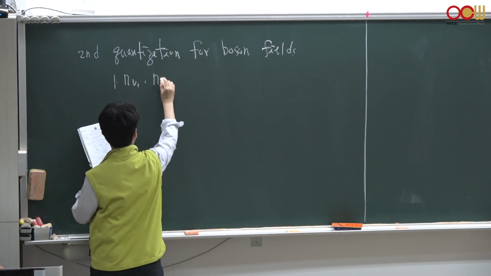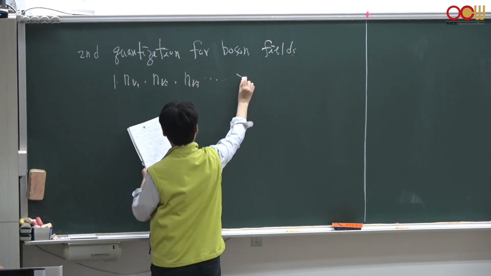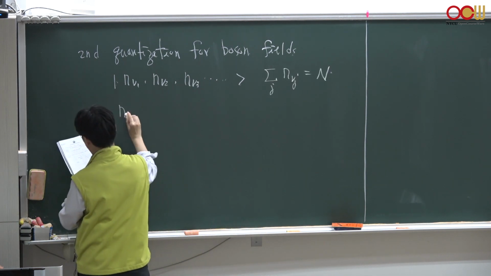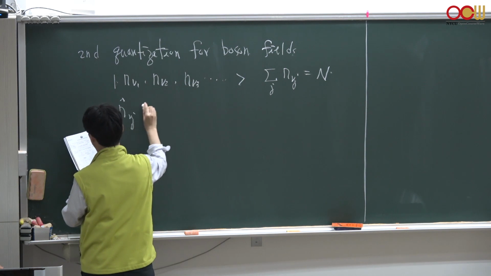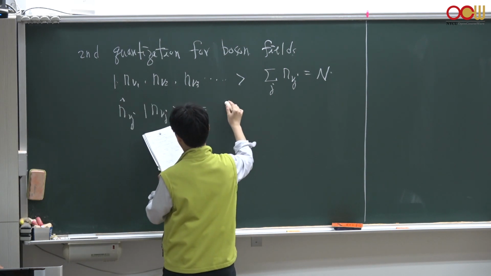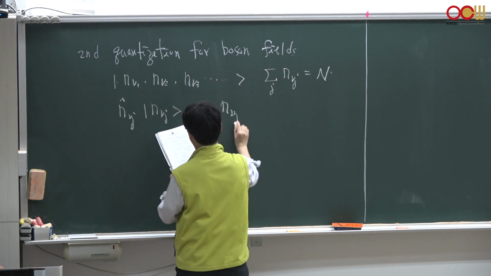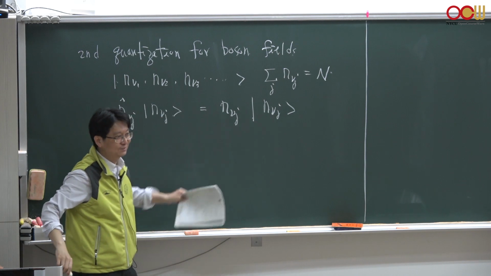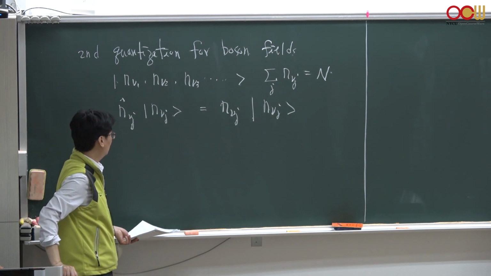First let me repeat the occupation number basis. The occupation number operator acting on states in this basis gives the eigenvalue, which is the occupation multiplied by the state itself.